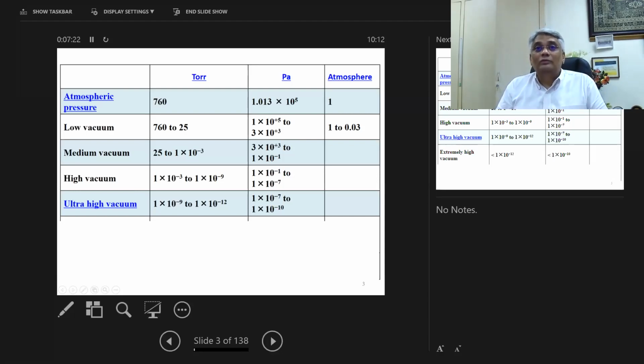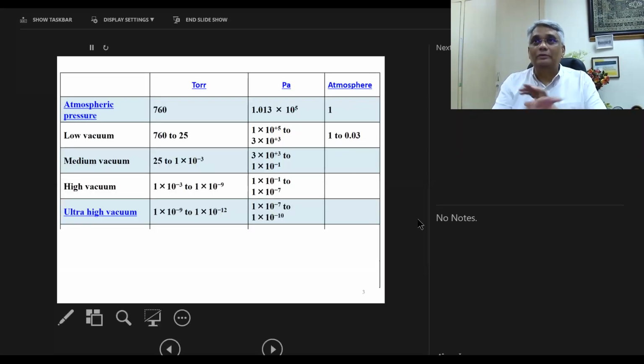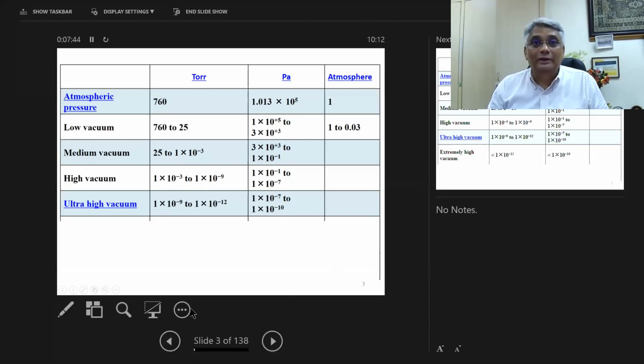In order to get vacuum levels of the order of 10 raised to -9 torr, first of all, it takes time. Second, the vacuum system has to be built in such a way that there are absolutely no leaks in the system. It should be completely leak proof.